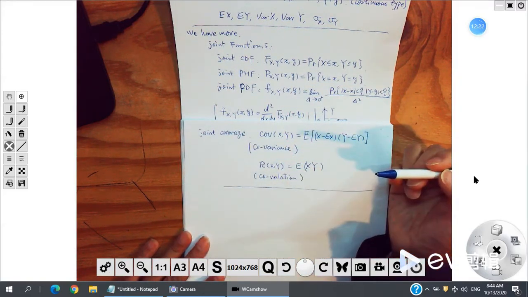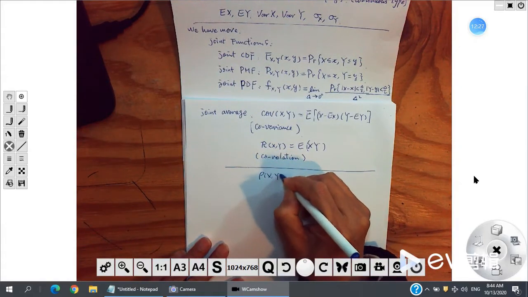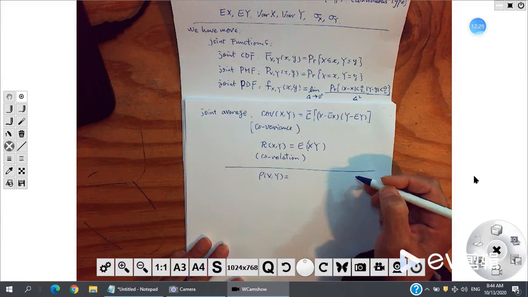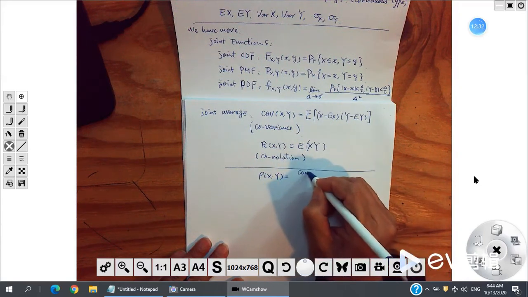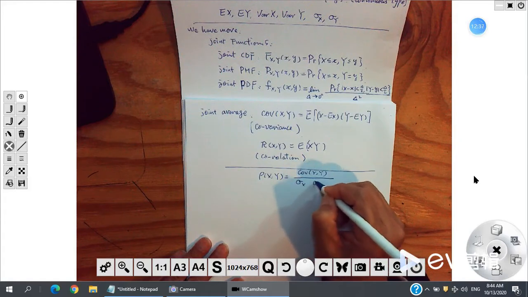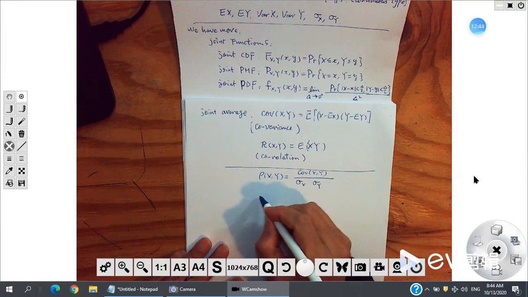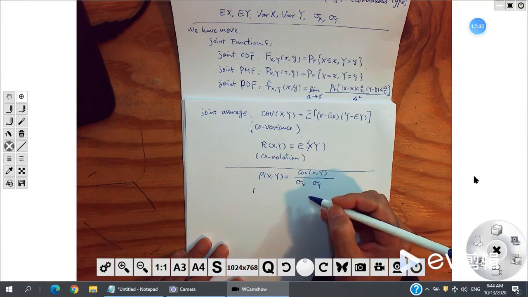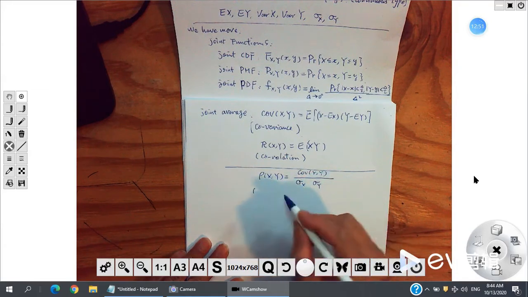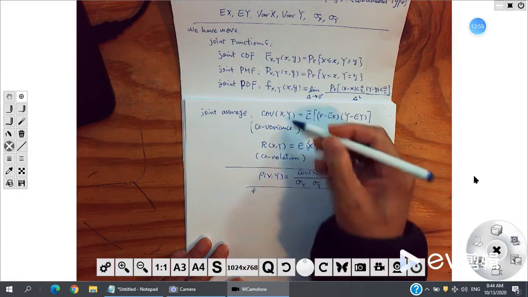Oh, we have another one, rho xy. Rho xy is the covariance of x and y divided by sigma x, sigma y. This is just called a relation. I forgot the name. Next time I will give you the name. So we have these three.